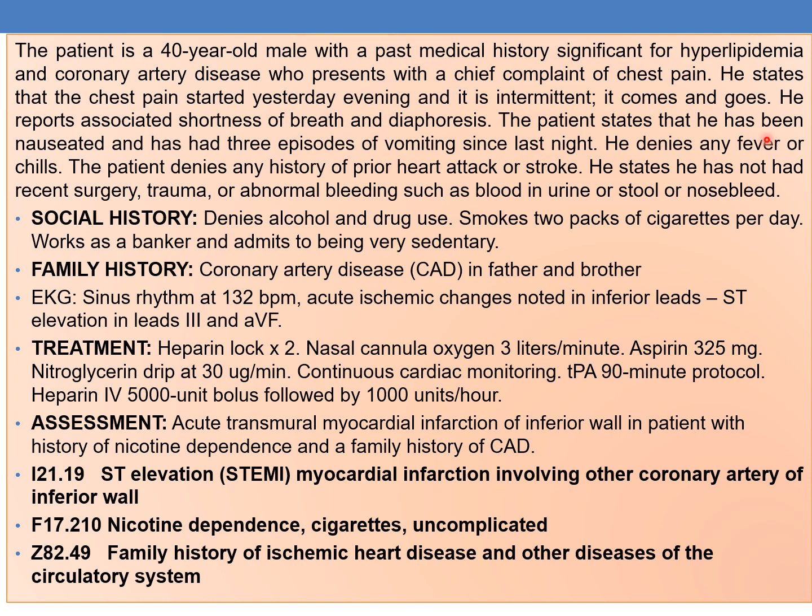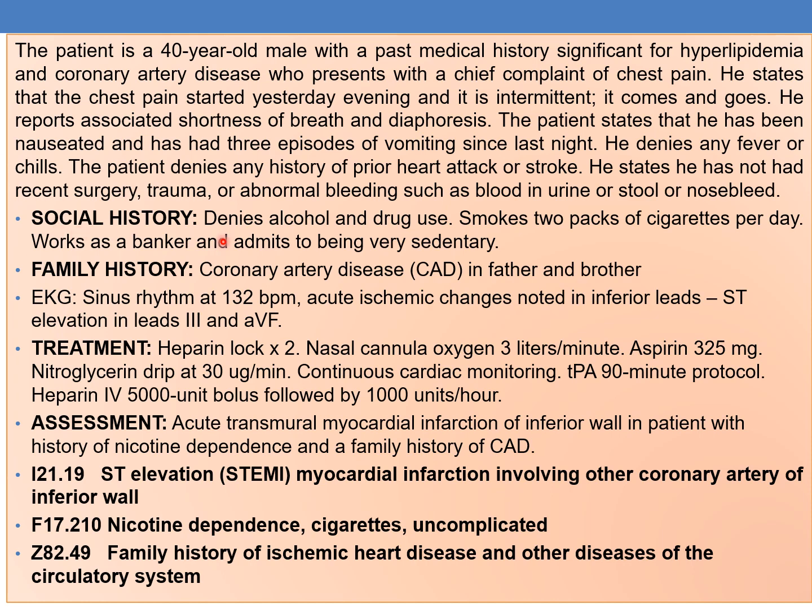The patient states that he has been nauseated and has had 3 episodes of vomiting since last night. He denies any fever or chills, and denies any history of prior heart attack or stroke. He states he has not had a recent surgery, trauma or abnormal bleeding such as blood in urine or stool or nosebleed.